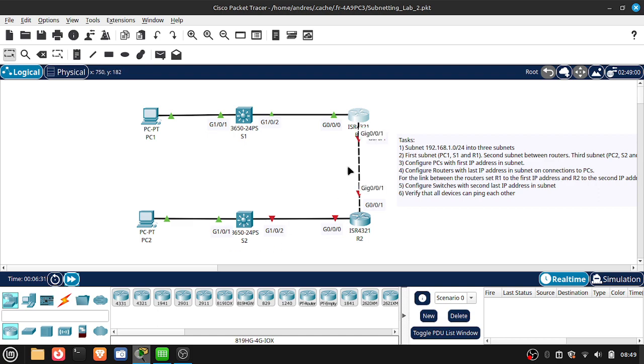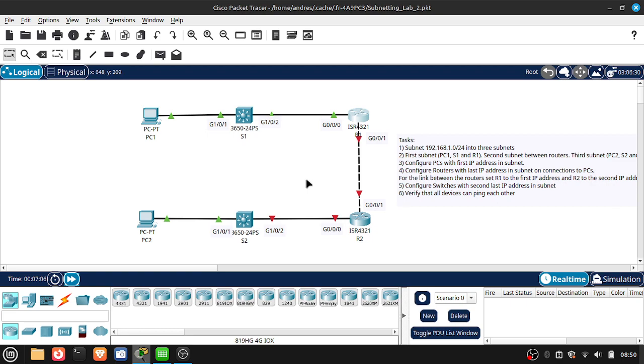And how do we know how many bits we have to borrow from the host portion? Well, we have two options: using the formula or the finger game, and we're going to use the finger game like in the previous video. So we put our thumbs and visualize a 2 and ask yourself, is 2 enough or do we need more? 2 is not enough, we need 3.